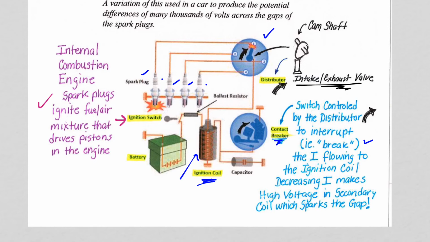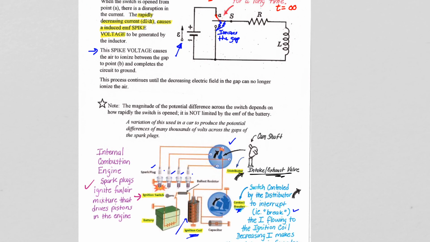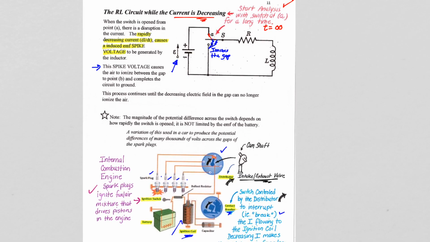So if we understand Faraday's law and understand these voltage spikes based on di/dt, then you can understand the basic premise for how that internal combustion engine works.